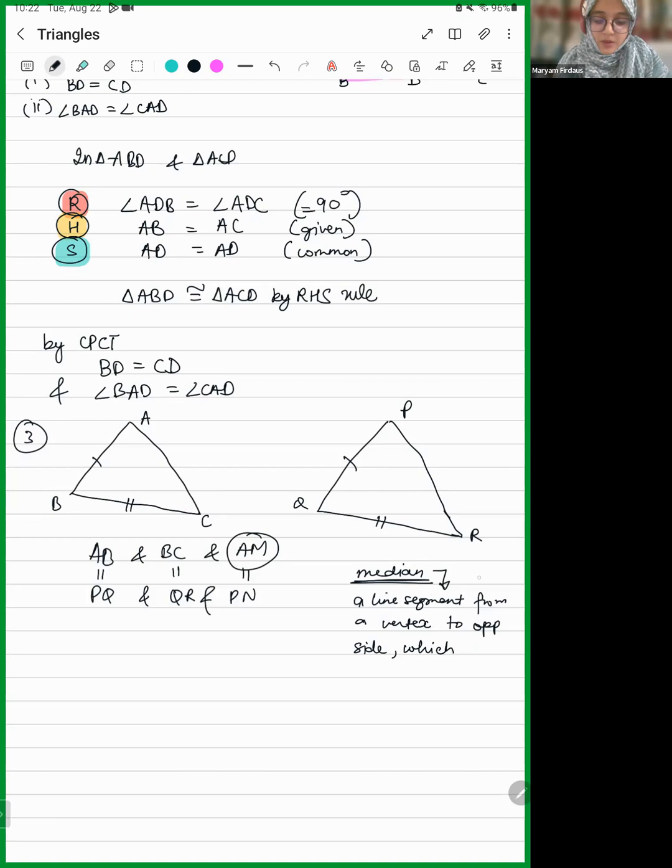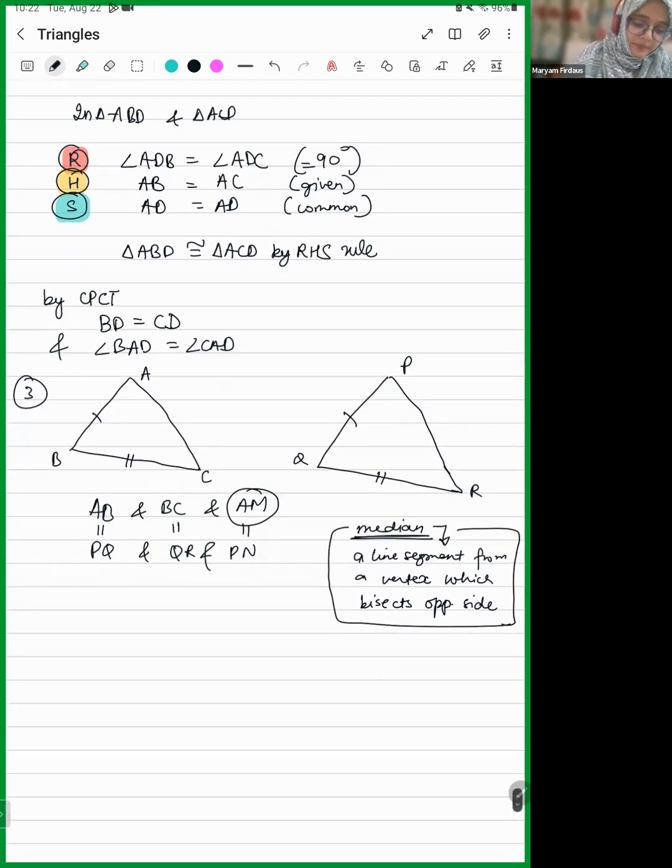Or, a line segment from a vertex which bisects the opposite side. Please write it down if you are not sure what a median is.